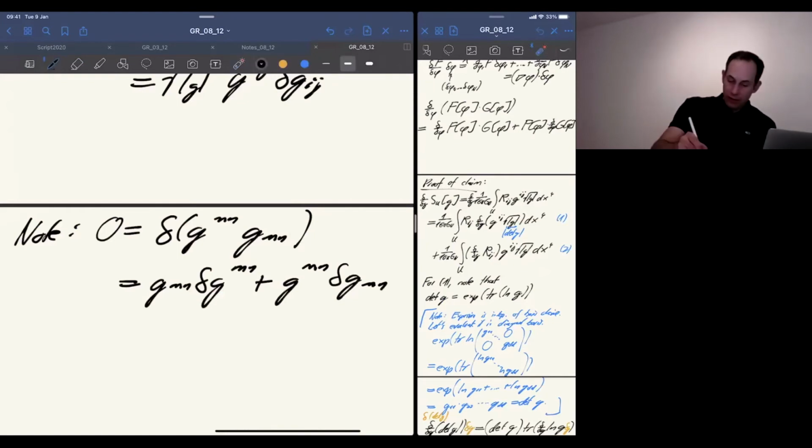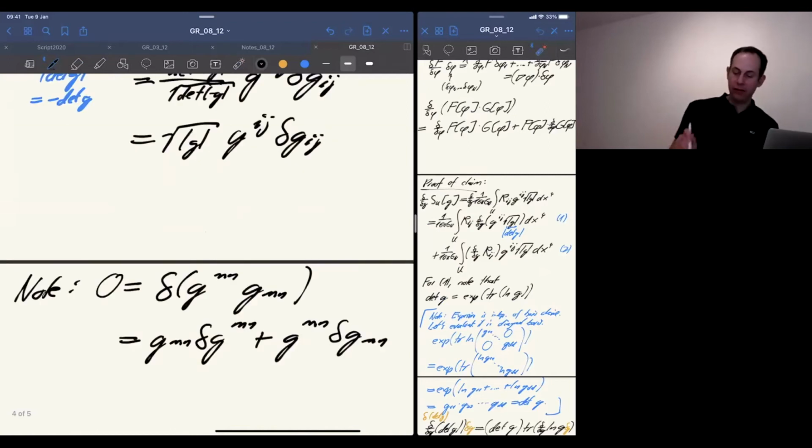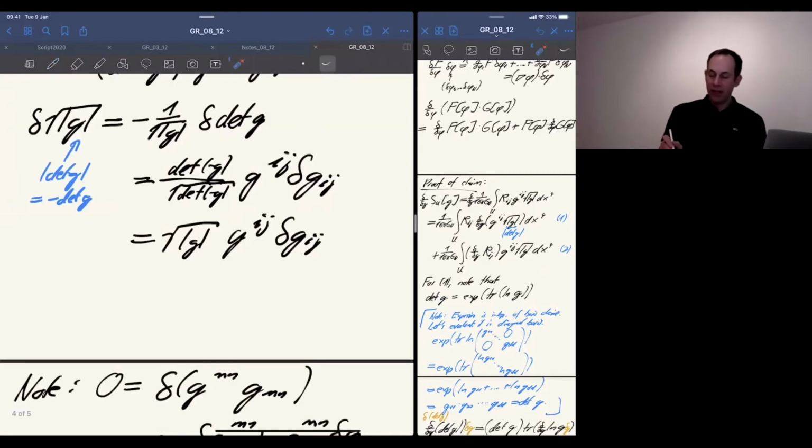So now we can really rewrite already the term above. If you go back here, we did the variation for the square root of delta g.